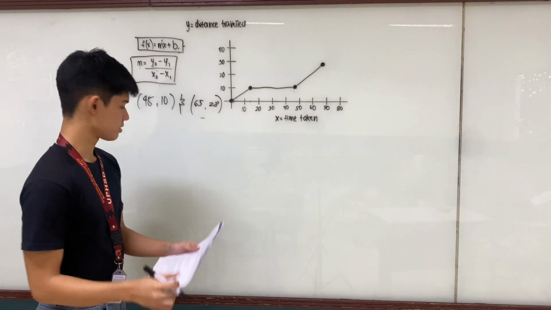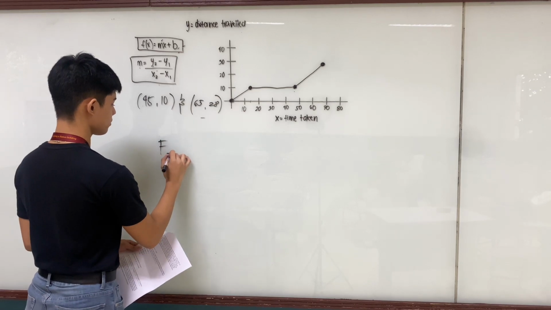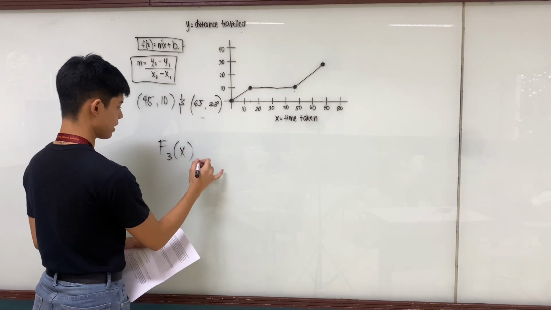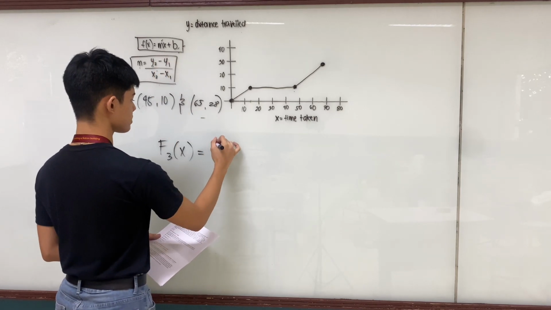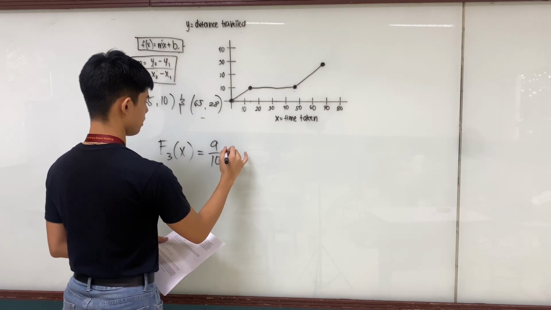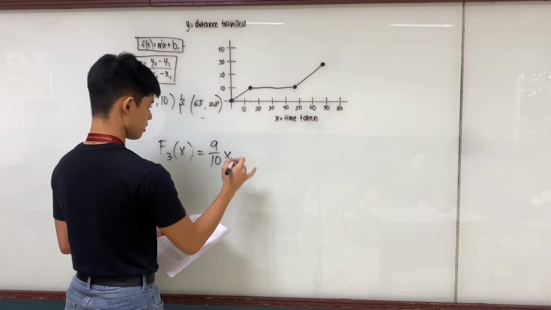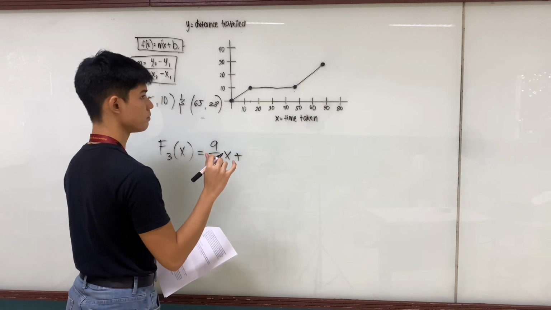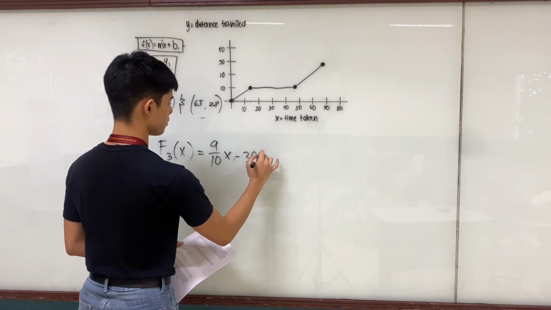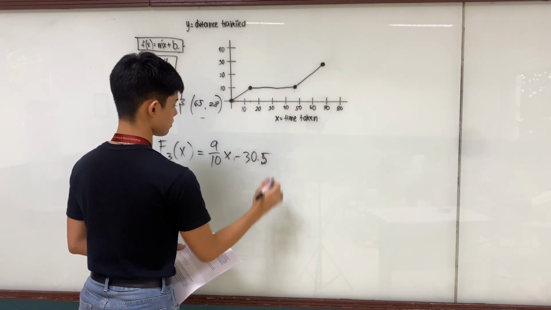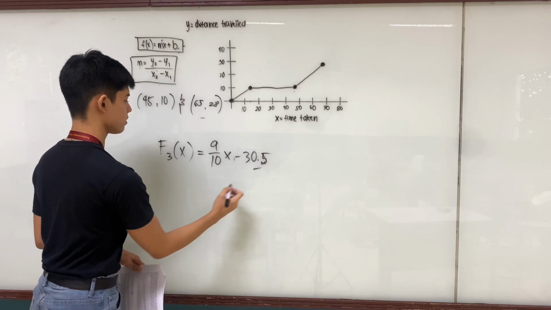So our function, given our values, f sub 3 of x is equal to the slope 9 over 10 x minus 30.5. So these are the values that we solved for each variable.